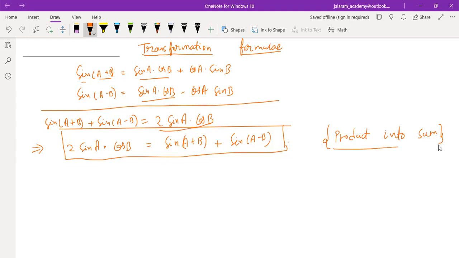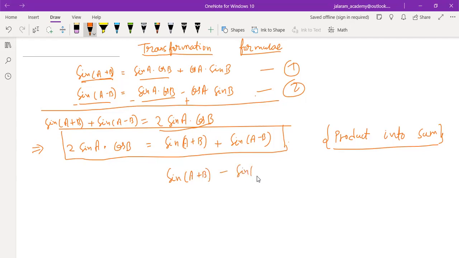Now can you think, if we subtract this equation 2 from equation 1, we will get one more formula. So guess what will be the formula? So if we subtract second from the first, it will change all the signs. So sin A plus B minus sin A minus B. And I have told you that we will write it in right hand side.